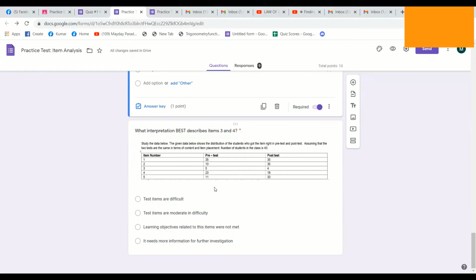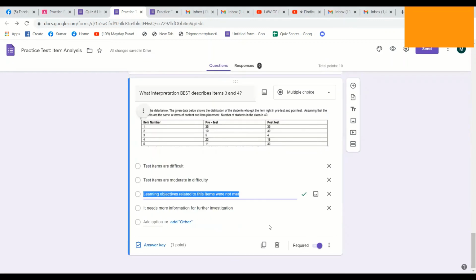The best explanation is that there's no increase from pre-test to post-test, meaning these items were not tackled in the class, or meaning to say, the learning objectives related to these items were not met. So that is the best answer for the last item.